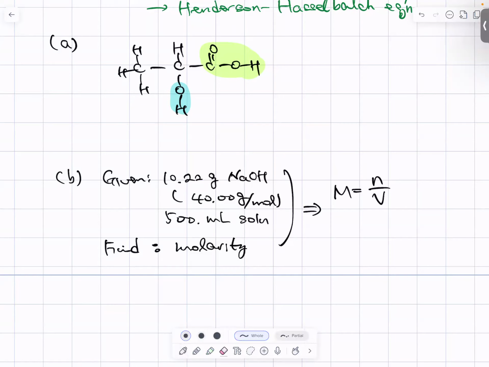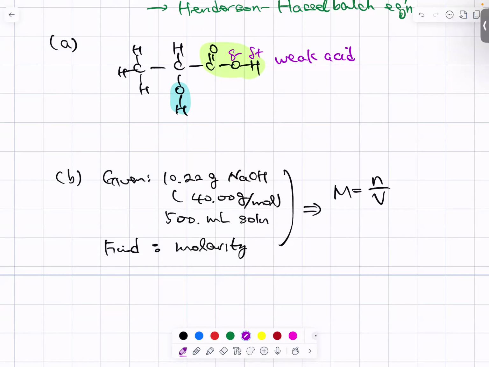In aqueous solution, all carboxylic acids function as weak acids. The hydroxyl group is also a very weak acid, but water is a little bit stronger than the hydroxyl group in its acidity. So in water, the hydroxyl group doesn't function as an acid at all. And why is carboxylic acid a weak acid? We need to look at it from the viewpoint of two things. First, oxygen is much more electronegative than hydrogen.